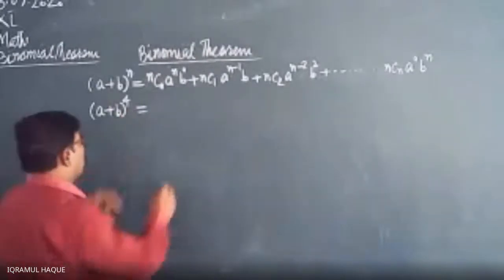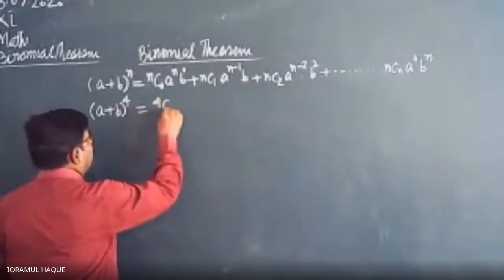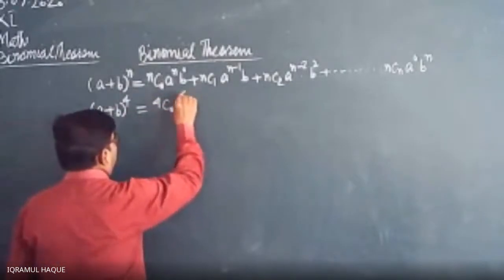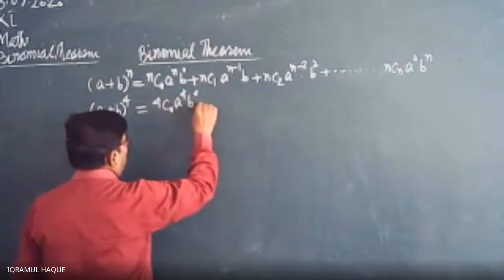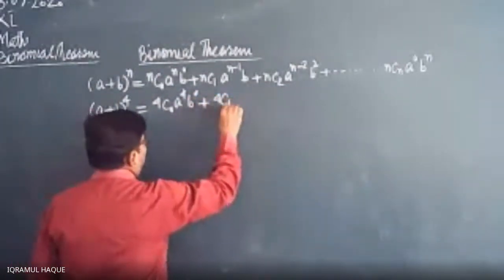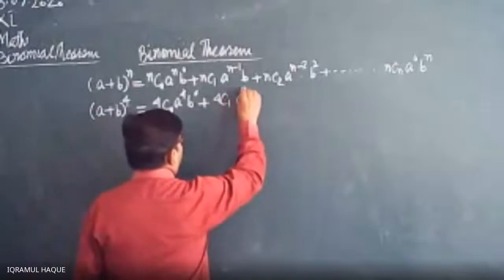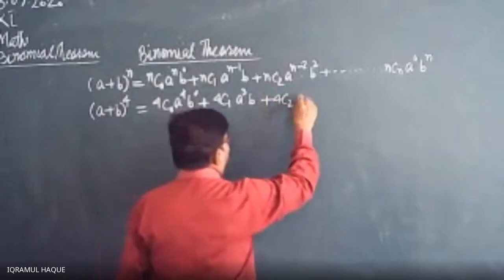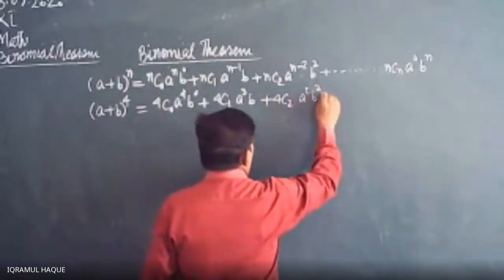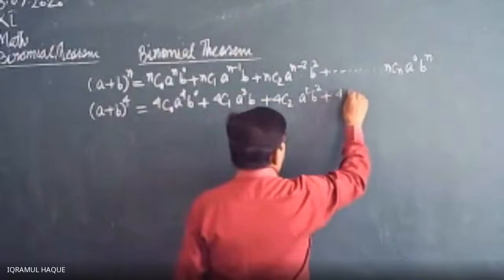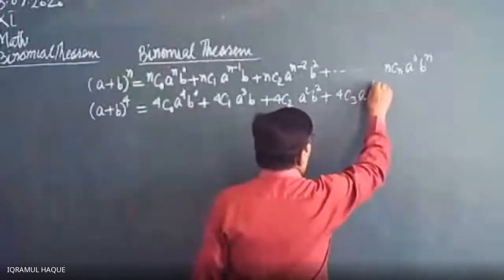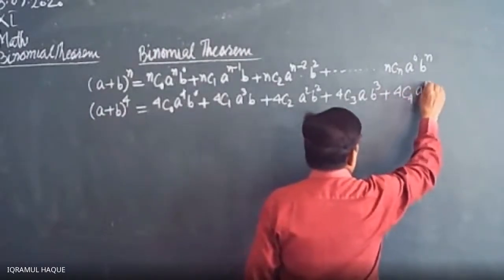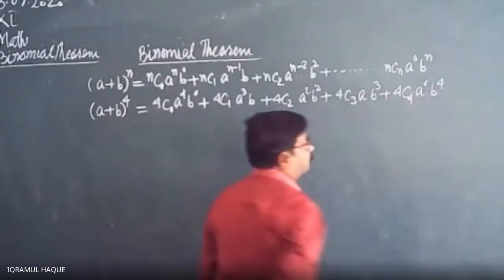So, we start with 4. That is 4C0. See, 4C0 and a to the power 4, b to the power 0, plus 4C1, a to the power 3, b, plus 4C2, a to the power 2, b to the power 2, plus 4C3, a, b to the power 3, plus 4C4, maximum, a to the power 0, b to the power 4.